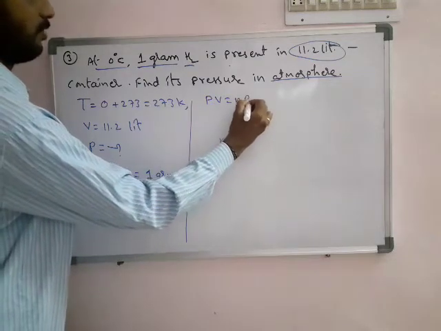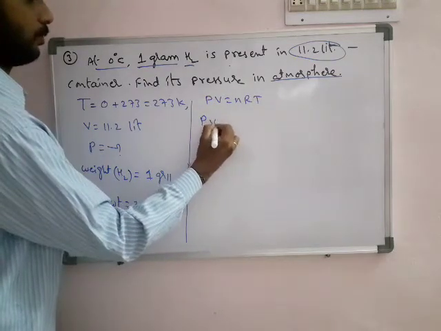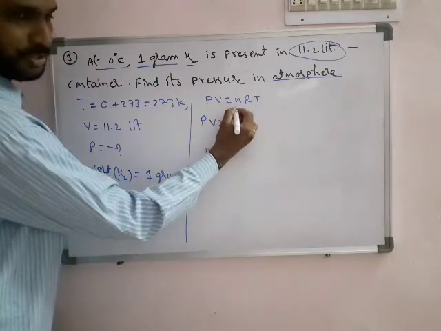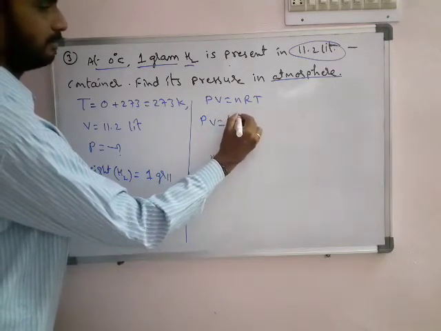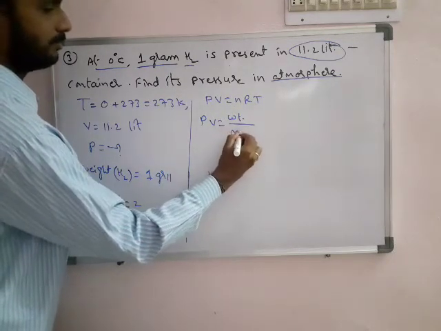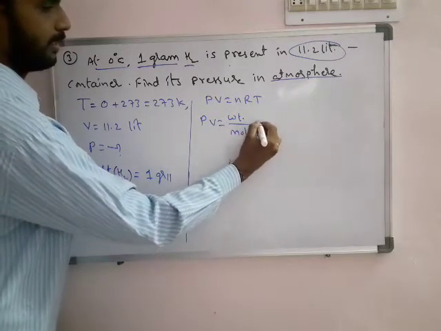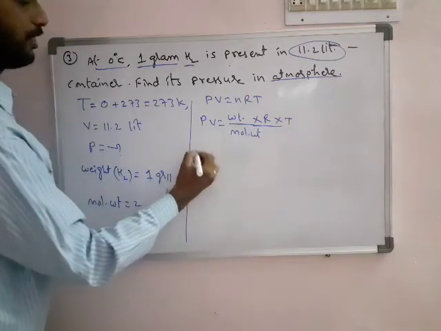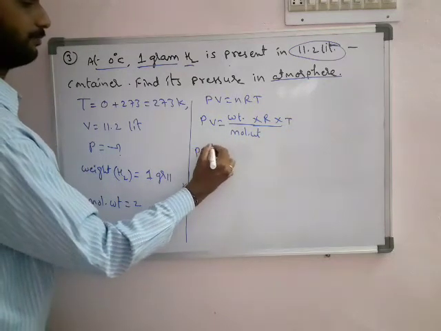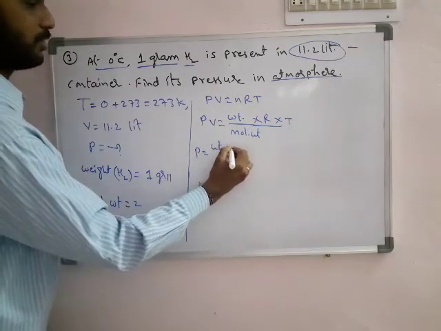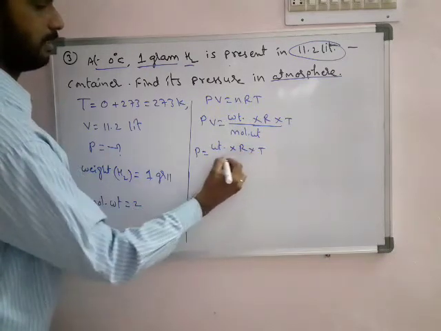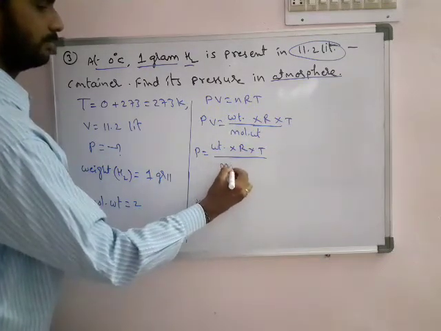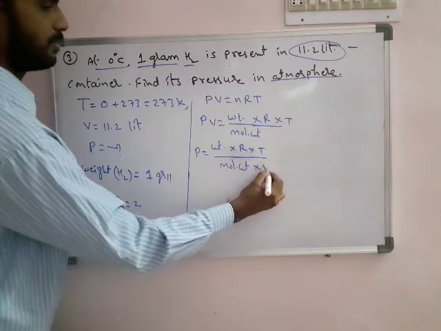PV is equal to nRT. What is the expansion of this n? We can write weight by molecular weight into R into T. We need to find out pressure, so P equals weight into R T by molecular weight into volume.